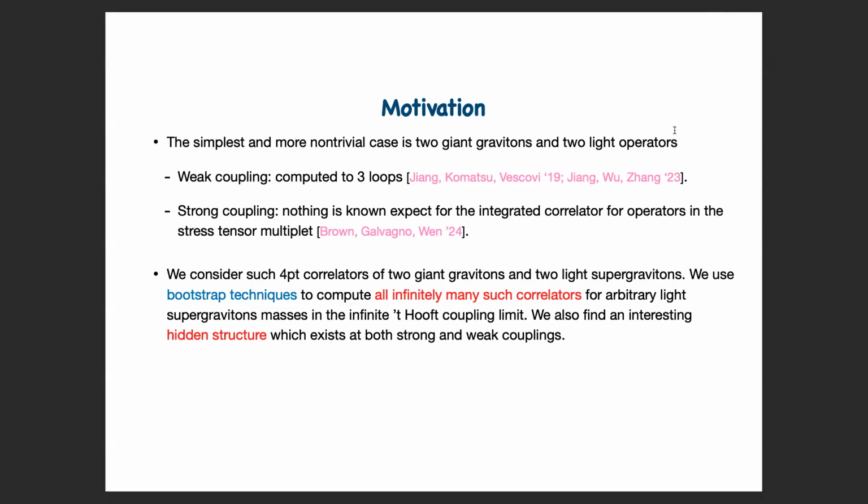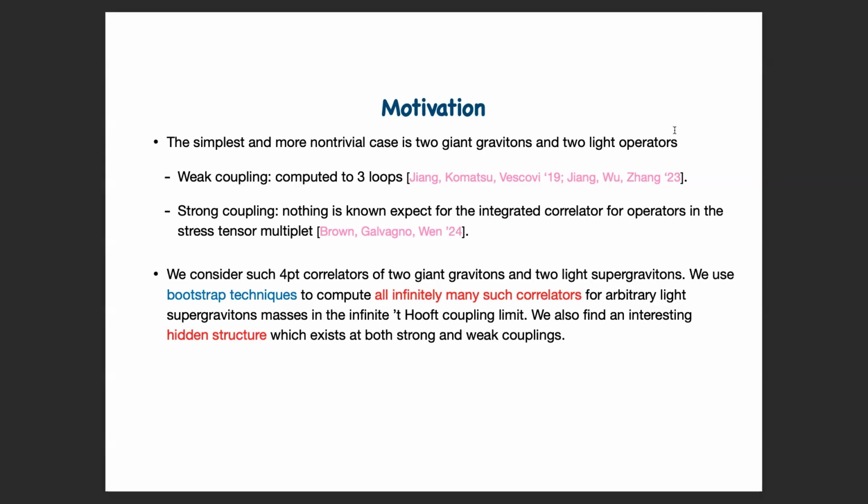In weak coupling, people have computed these 4-point functions using perturbative techniques up to 3 loops. And in the opposite, strongly coupled regime, there is actually no result by now.